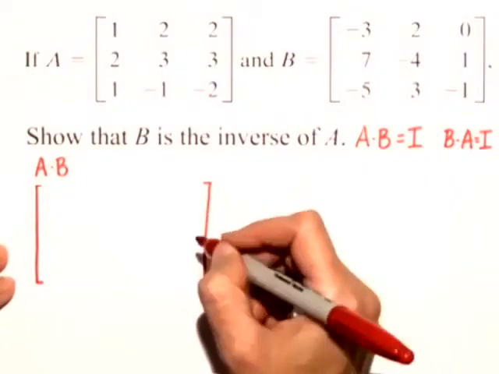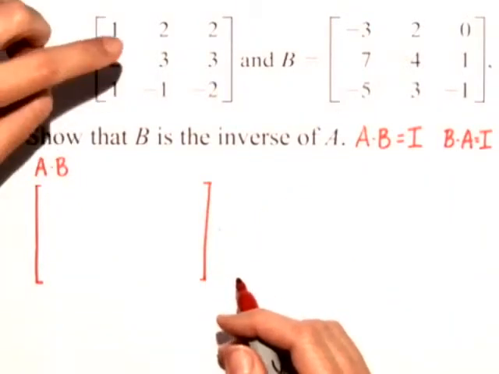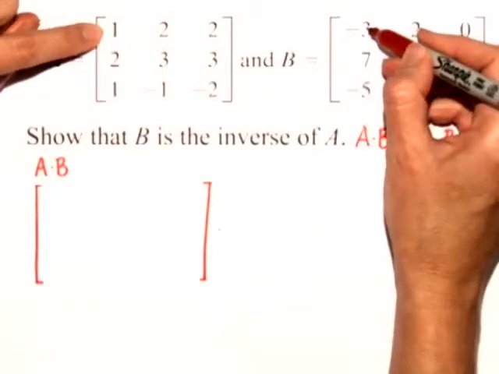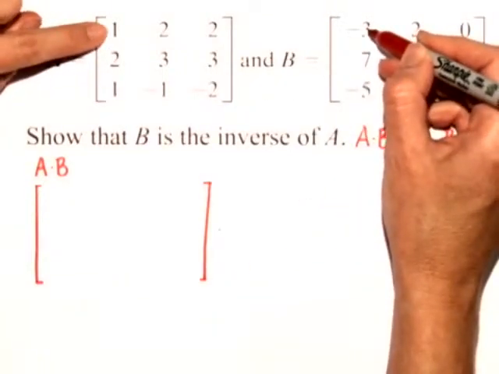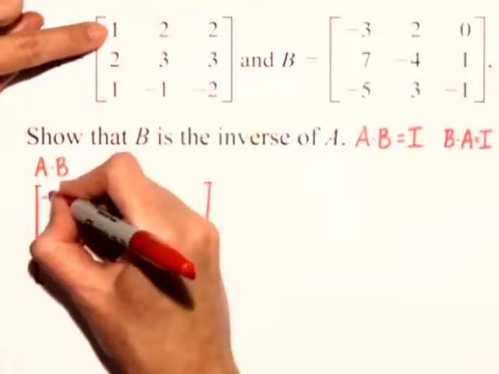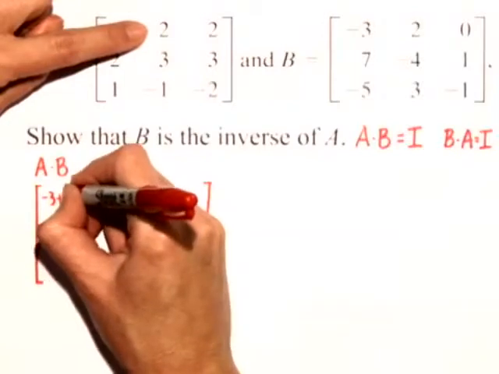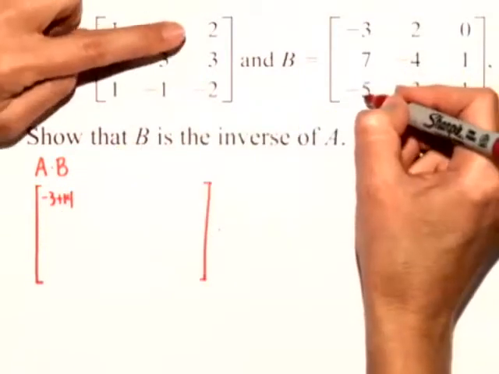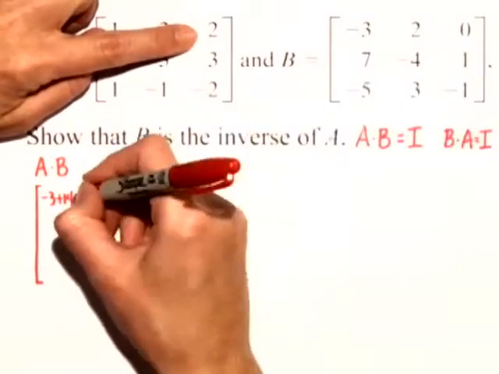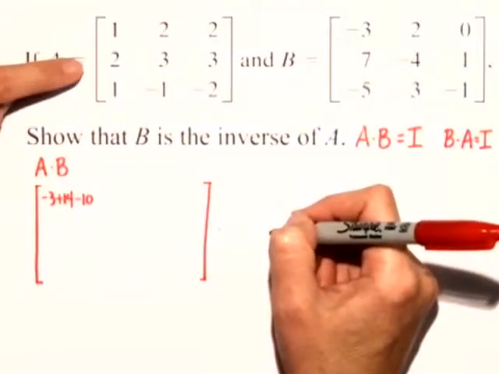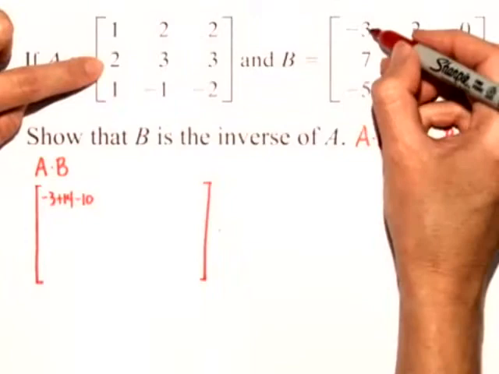And we're going to get a 3 by 3 matrix, and we're going to start in row 1 of A and in column 1 of B. We have 1 times negative 3, which is negative 3, plus 2 times 7, which is 14, plus 2 times negative 5, which is minus 10. Now we'll move down to row 2, column 1.